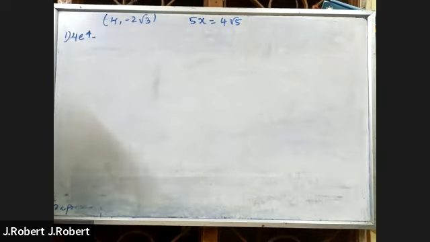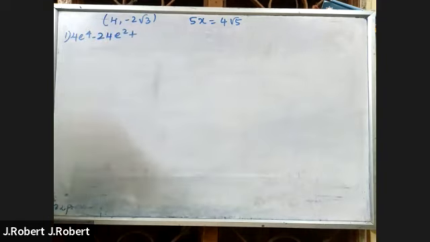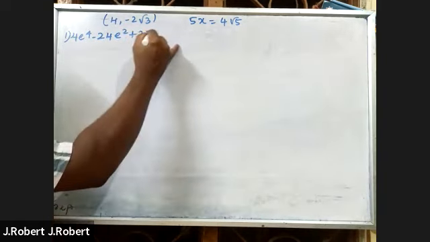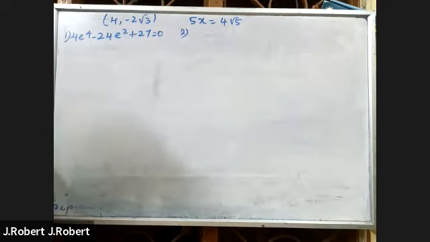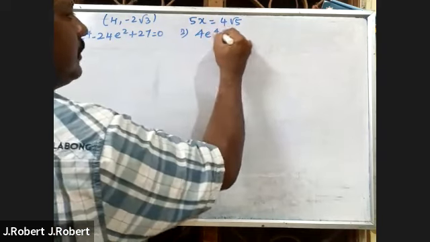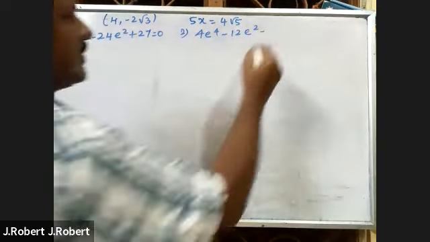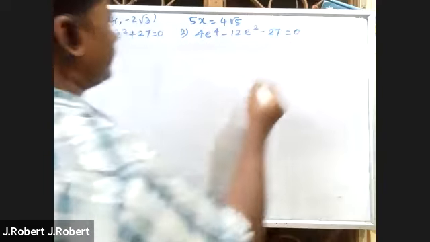First option, 4e power 4 minus 24e square plus 27 is equal to 0. The second option, 4e power 4 minus 12e square minus 27 equal to 0.